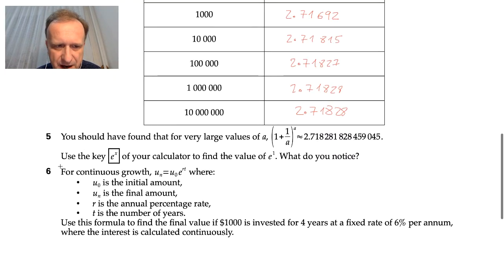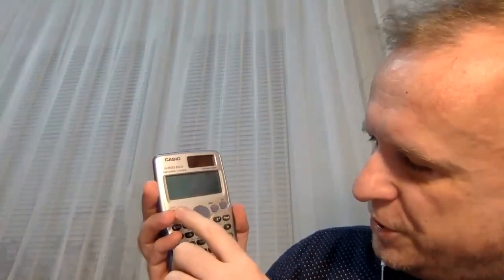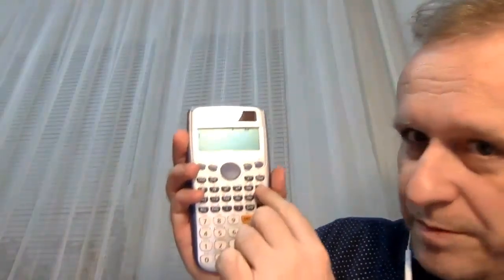Now they ask us, use the key e to the power of x on your calculator to find the value of e to the power of 1. So I don't know if I'm able to do it on my calculator here. I need to use shift to get there because it's e to the power of something.